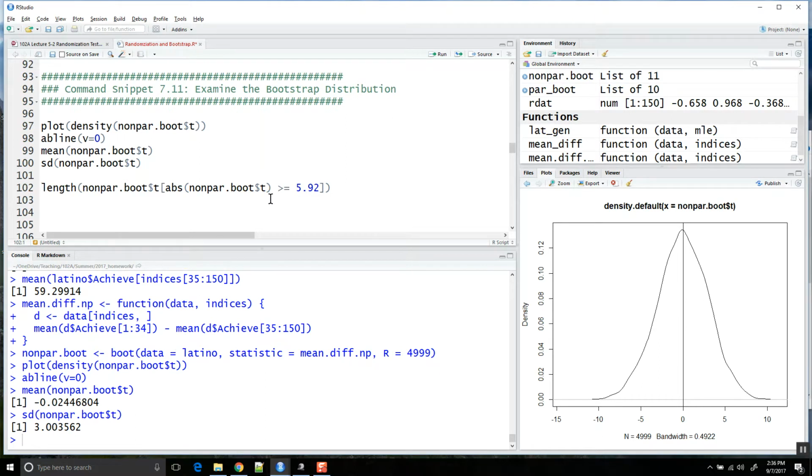Okay, and now we want to know how often did our bootstrap resamples produce a difference as large as the difference that we observed.